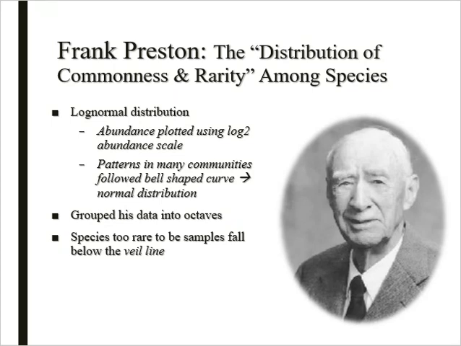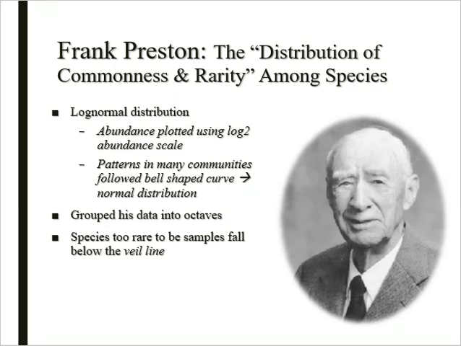Now, one way to deal with what we call skewed abundances is to transform them using logarithms. And this was actually visualized and came into being by Frank Preston in 1948.